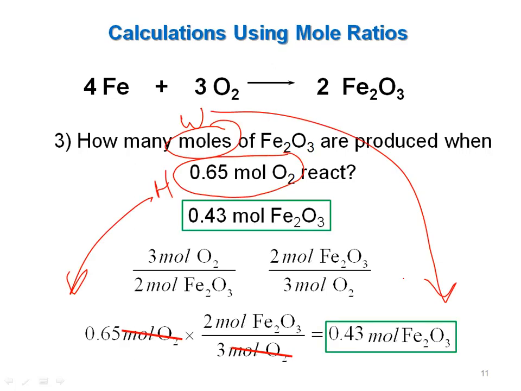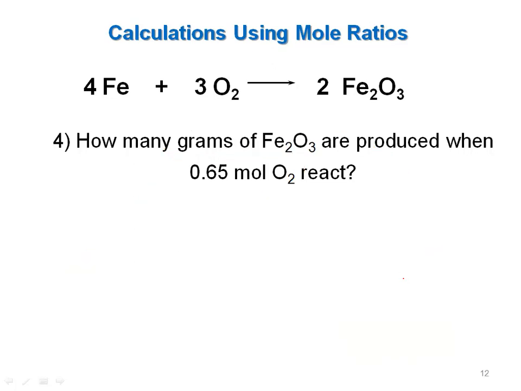All right. Now let's look here at number 4. Let's look at the question first together. What do you have? 0.65 what? Moles of what? O2. It is important that it's moles of O2 and not moles of Fe, of course. What are you trying to find out? Grams of Fe.